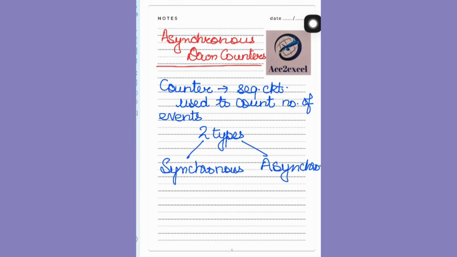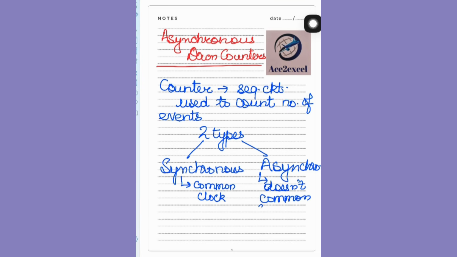Synchronous counter is that counter which has common clock, while asynchronous counter is that counter which does not have common clock.